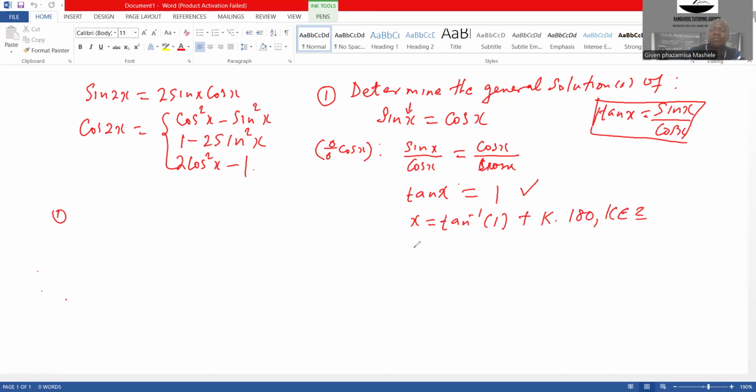And this becomes x equals inverse tan of 1. I believe this will give us 45 degrees. So you're going to have 45 plus k times 180, where k is an element of integers. So this is the general solution for our expression.